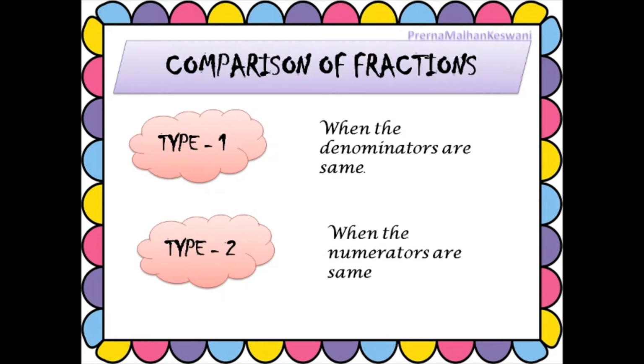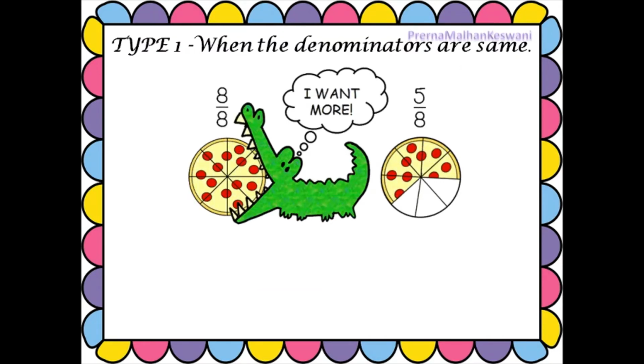Now children, type 1, when the denominators are same. In this type, can you see the two fractions 8/8 and 5/8? Here, obviously, as you can see from the picture, the 8/8 part is more than the 5/8.